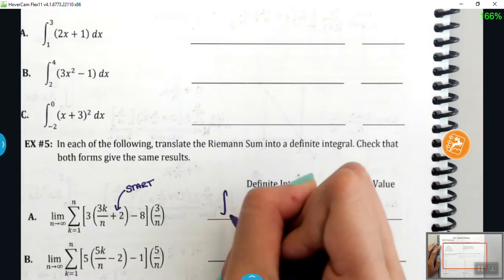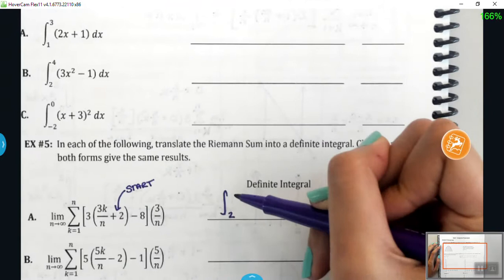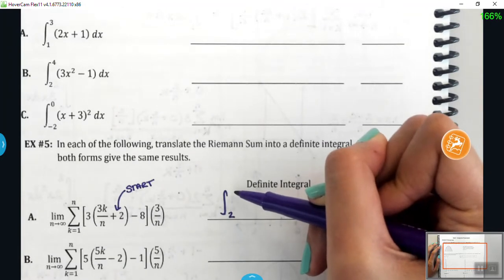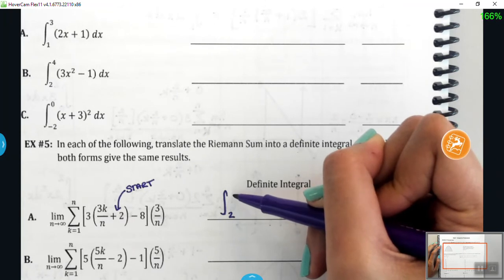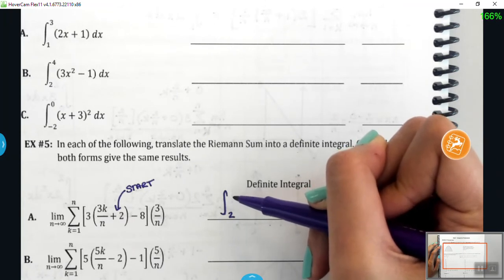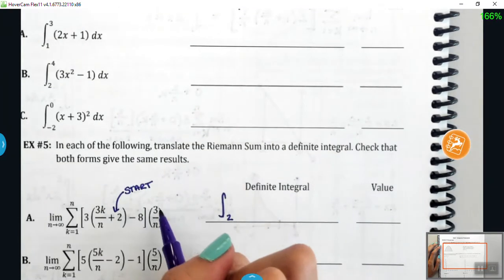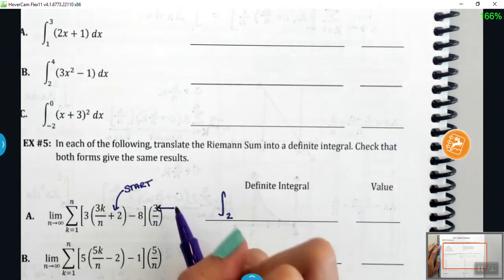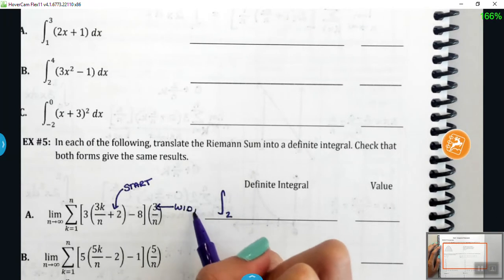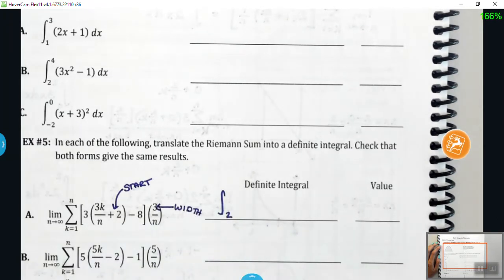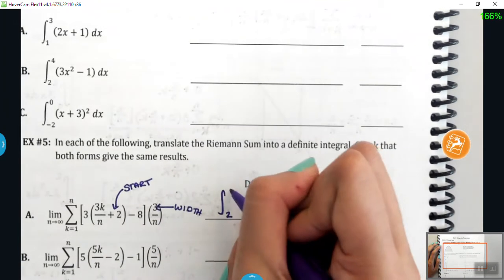So 2 is going to be our starting location. How do we figure out where we end? If the width of our interval is 3 and I'm starting at 2, then I'm ending at 5, right?